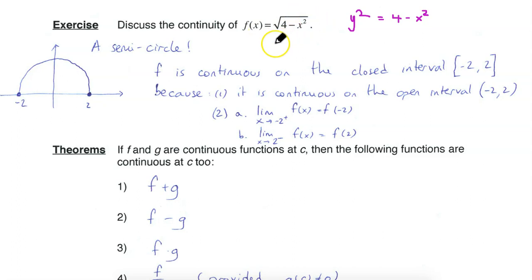So how do we discuss the continuity? We need to do the two steps above. First of all, we need to agree that f is continuous on the open interval from negative 2 to 2. And then we need to look carefully at each endpoint and say that yes, for x approaching negative 2 from the positive side, so when I approach from the right, I'm going down like this.